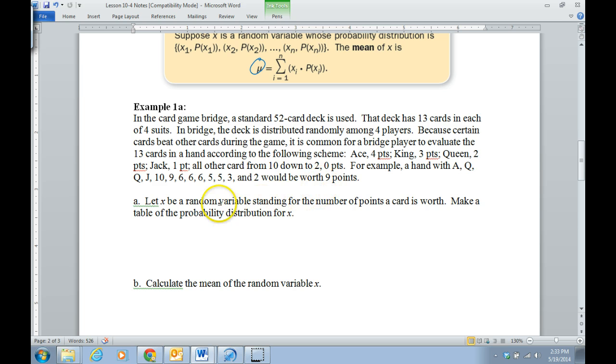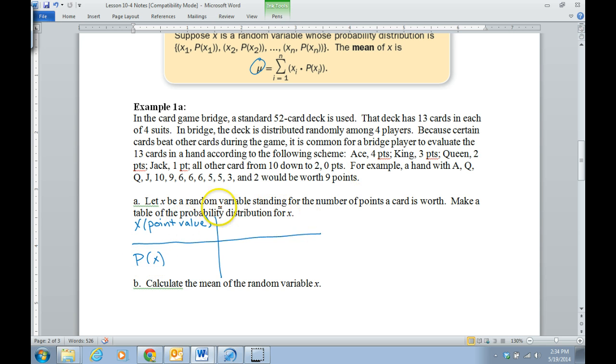Part A says, let X be a random variable standing for the number of points a card is worth. Make a table of the probability distribution for X. So this is what it's going to look like. You're going to have X, the point value, and P of X, the probability.